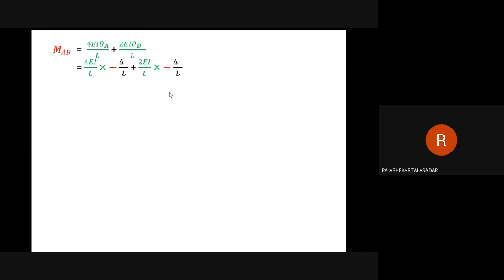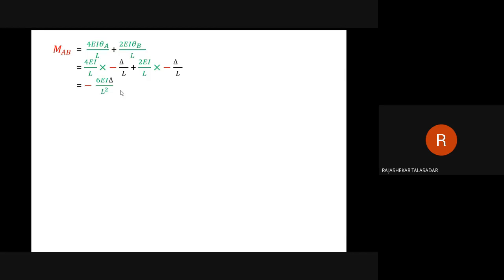And theta B is also minus delta by L. If you simplify this, 4 EI delta divided by L square minus 2 EI delta by L square. Both minus means it will become minus 6 EI delta by L square.